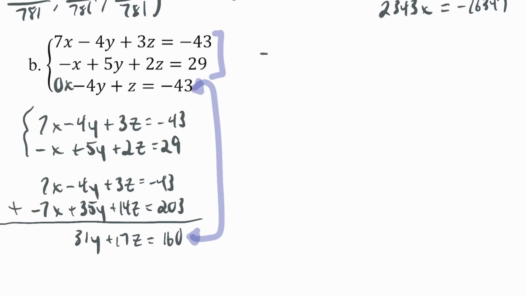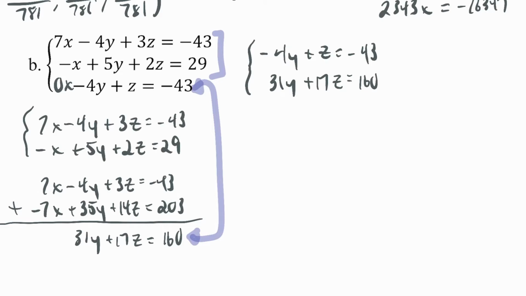So -4y plus z, which will be convenient having a coefficient of 1, equals -43, and then 31y plus 17z equals 160. So I'm going to multiply the top equation by 17 or negative 17. It doesn't really matter, but I'll go with 17.